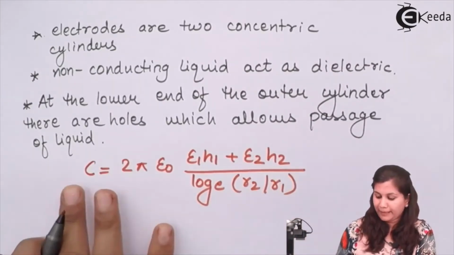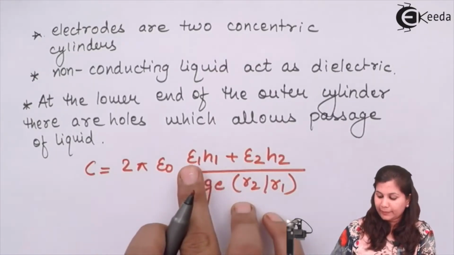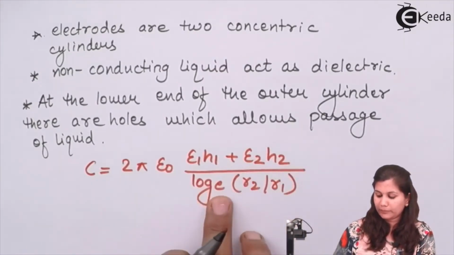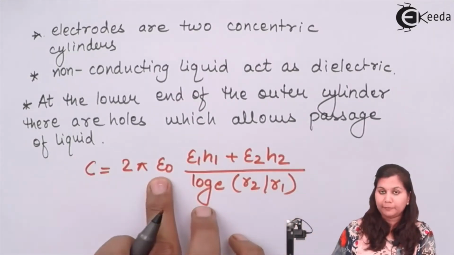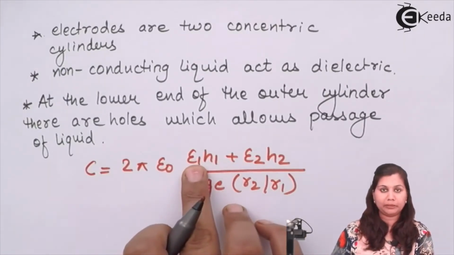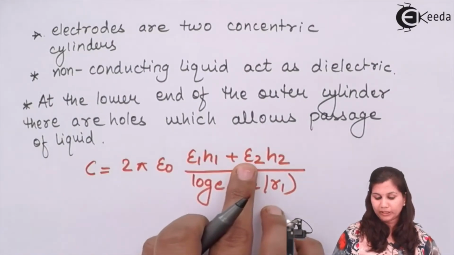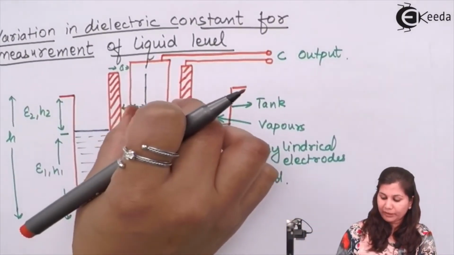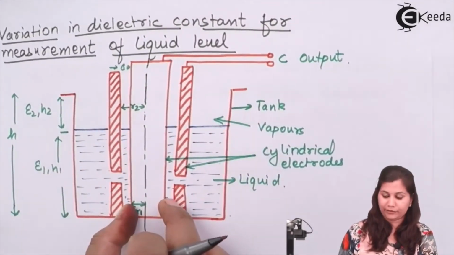Now here the value of capacitance is given by 2 pi epsilon naught epsilon 1 h1 plus epsilon 2 h2 upon log to the base e r2 by r1, where epsilon naught is the permittivity of the free space, epsilon 1 is the permittivity of the liquid, epsilon 2 is the permittivity of the vapors, because here you can see that vapors are acting as the dielectric medium, here liquid is acting as the dielectric medium.